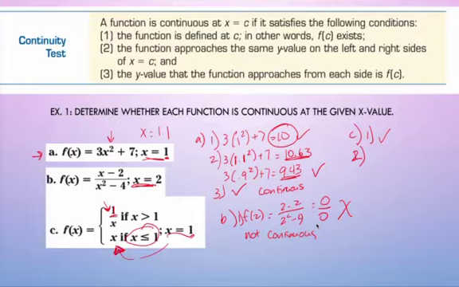And if I plug 1 in here, I'm going to get 1. So, it approaches 1 from both sides. Is that thing, the thing that it approaches in number 2, equal to what it's equal to in number 1? Yes, they're both 1. So, passes all 3. This is continuous.